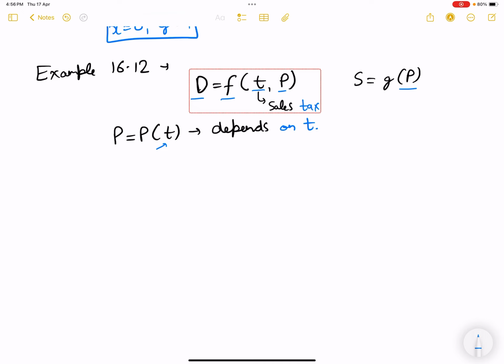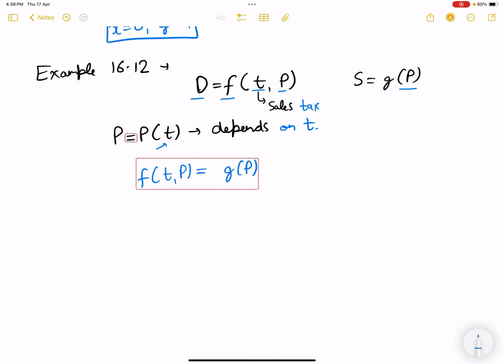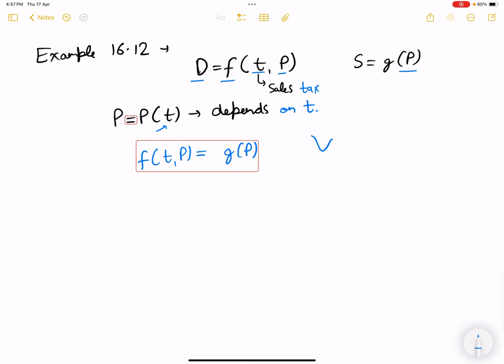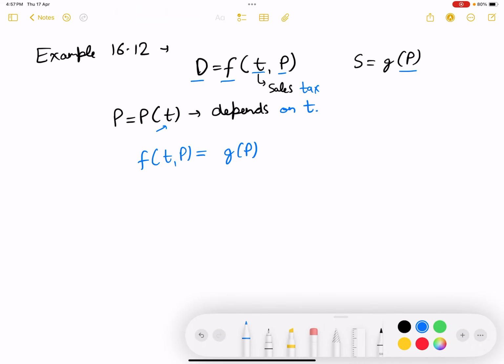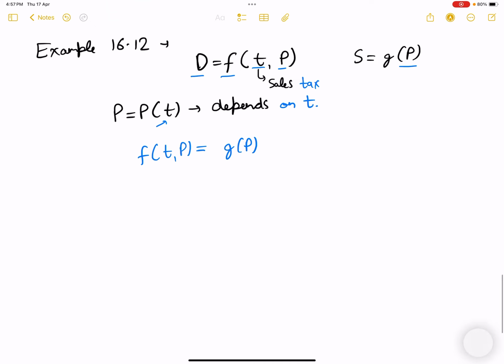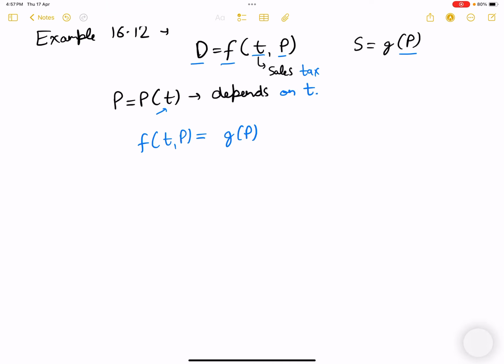So the equilibrium condition should be demand equals supply. Now suppose this is true for some T in an interval.